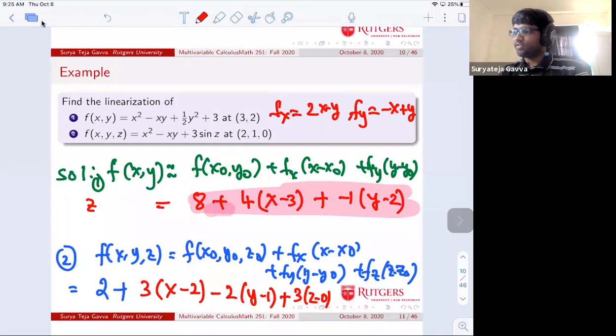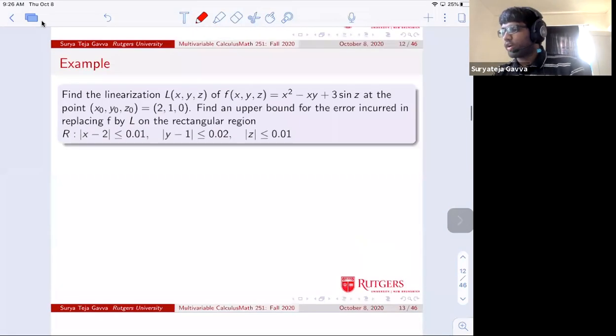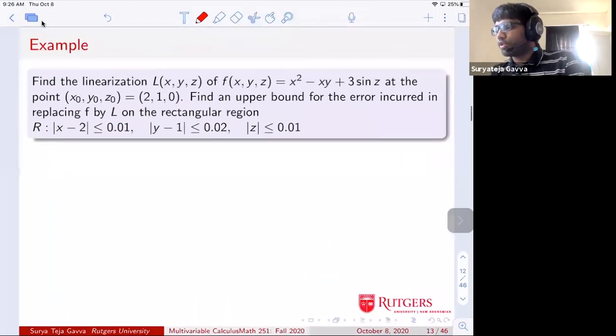This expression, when we are close to 3 comma 2, is the equation for the tangent plane, and the tangent plane equation will give you approximate values. For instance, if you want to compute the value of the function at, say, 3.1, 3.01 and 2.01 for the first one, you can plug in those values and you get an approximate value. Then something about the error.